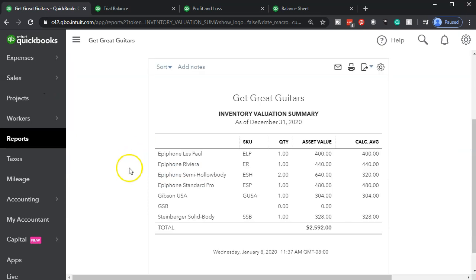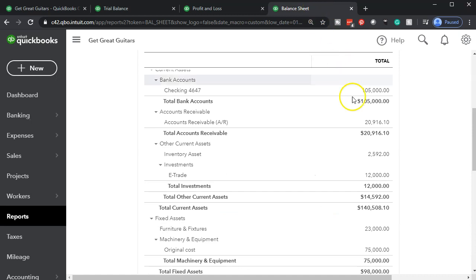Run that report. And so there we have it. I think the Gibson USA is one of the items that we sold, but the bottom line, this is what we currently have on the books right now in terms of our inventory by unit and type of guitar. We're at 2,592. If I go back to the balance sheet, that should match the 2,592. So we have the supporting information related to the inventory.